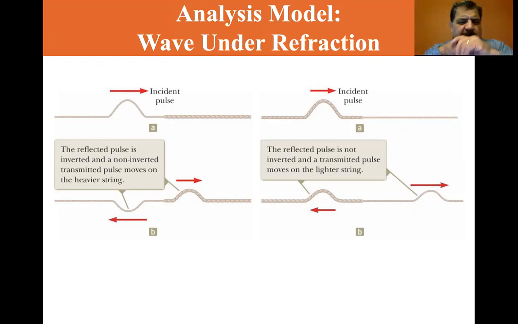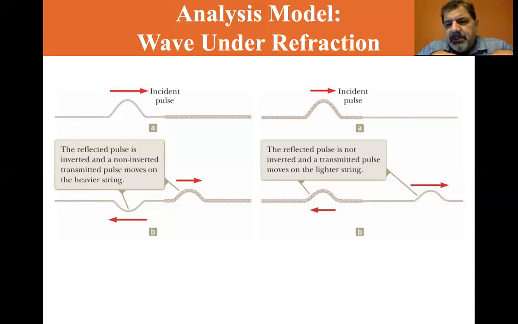Since the velocity is equal to the square root of the tension divided by mu, the mass density, there'll be a change in velocity when you go from the lighter rope to the heavy rope. Also if you go from a heavy rope to a light rope, again because the velocity of the wave is the square root of the tension divided by mu, the linear mass density, the pulse will continue on, but at a different speed.